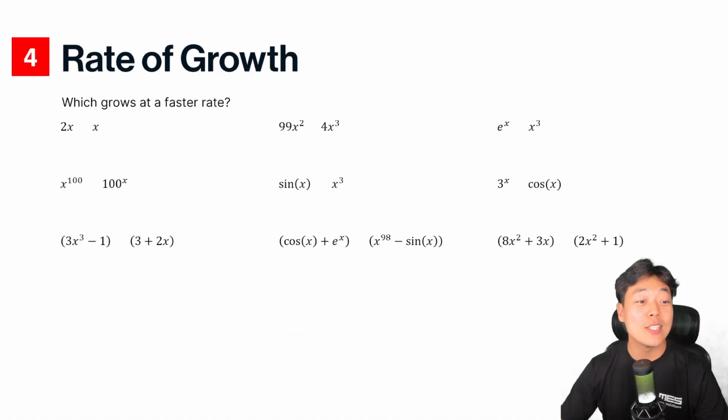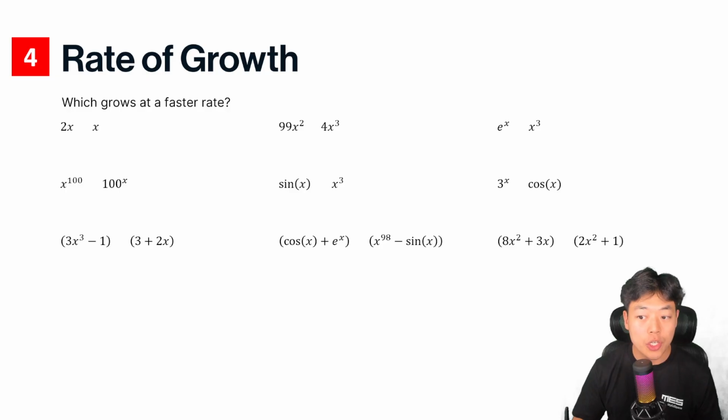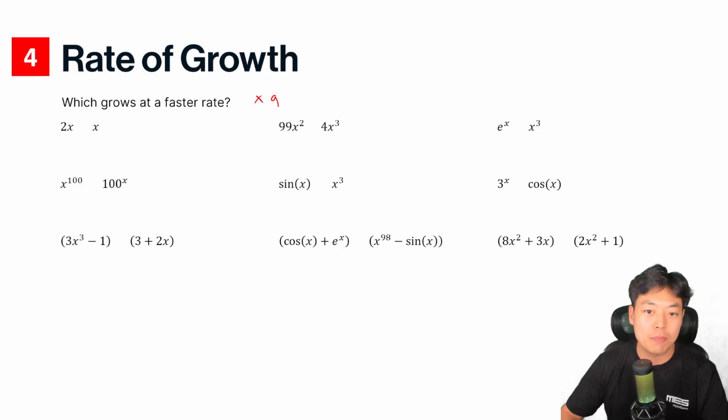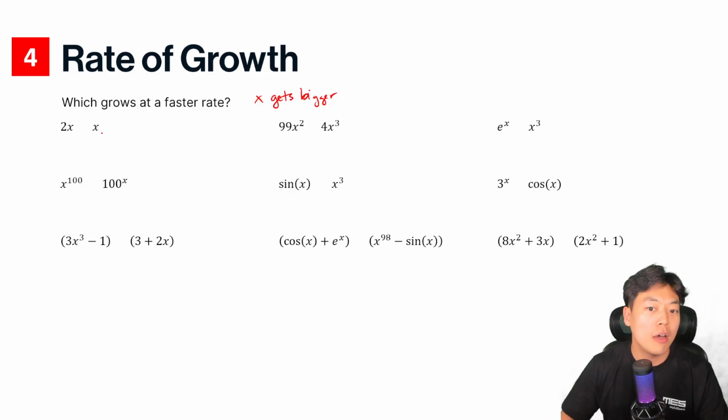Number 4 today is rate of growth. Which function grows faster? Which expression grows faster as x gets bigger and bigger and bigger? So 2x and x, clearly, 2x grows faster, but not by much. 99x squared and 4x cubed.